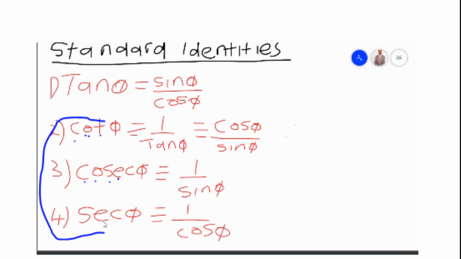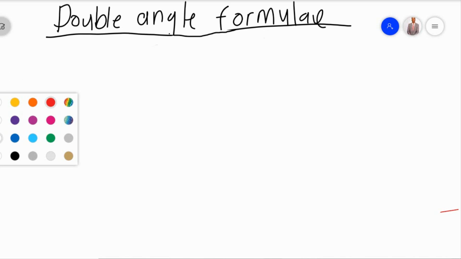Then S stands for sine theta. Then I will say 1 over sine theta. For secant, I will also count 1, 2, 3. Then the third letter stands for cos theta. I will say 1 over cos theta. And that way you can easily remember them.